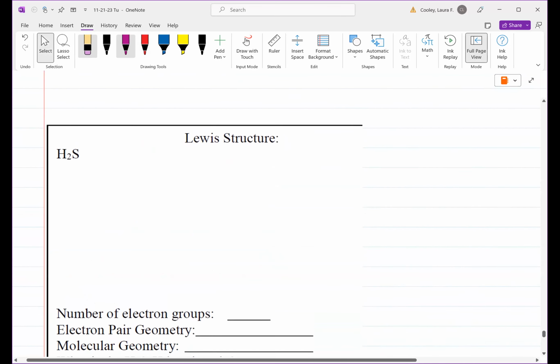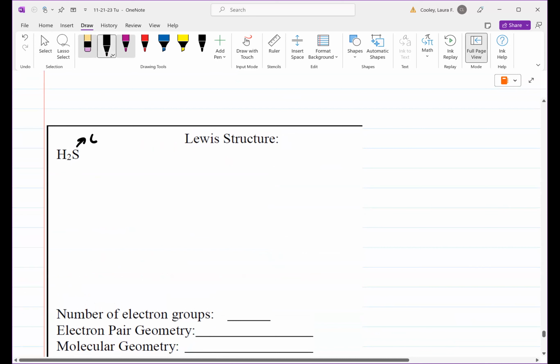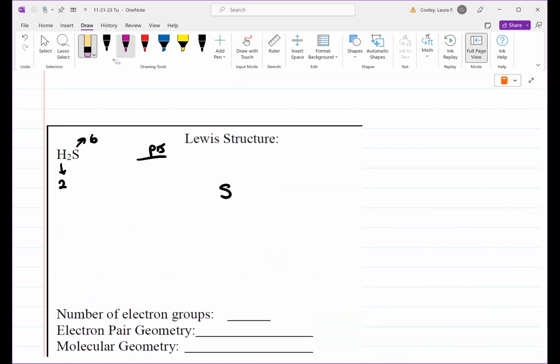How about H2S? Why don't you guys do this Lewis structure of H2S? It should look very familiar. Oh, it's not 8 pairs, it's 8 electrons. It's 4 pairs. It's really just like water.